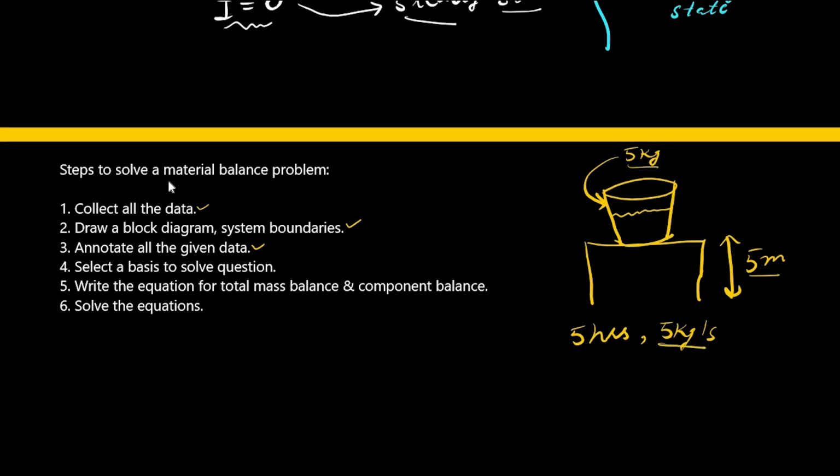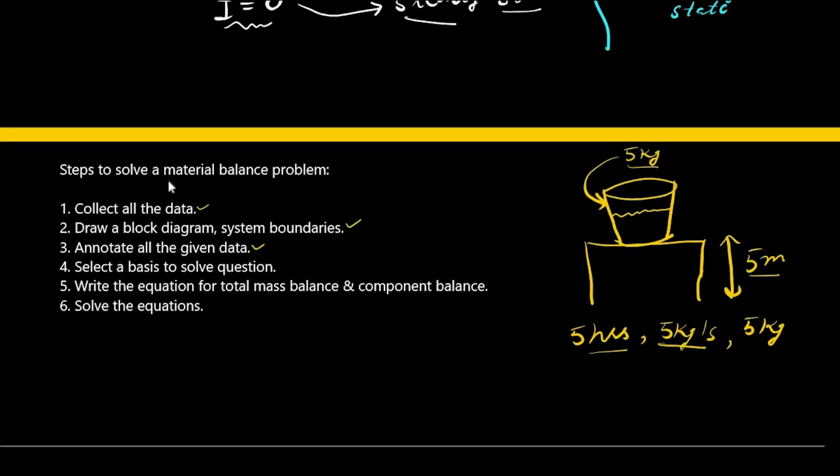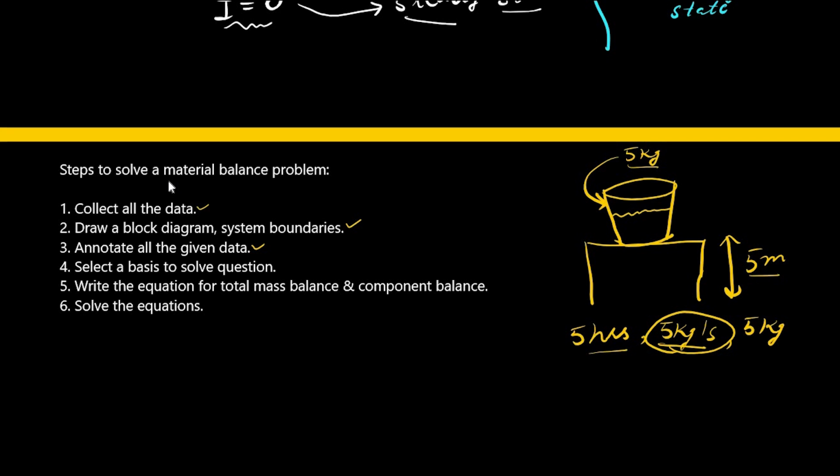Or you may also be given just the amount of mass flowing inside without respect to time. So you have to select a basis. If there are different values and different units given, then you have to select one basis and solve the equation accordingly. You cannot choose different components and put them into a single equation, because in a given equation all the units must be the same. So you have to select one single basis to solve one equation.